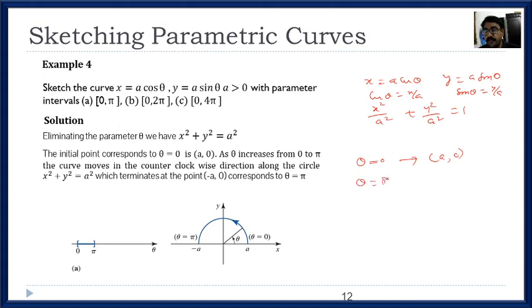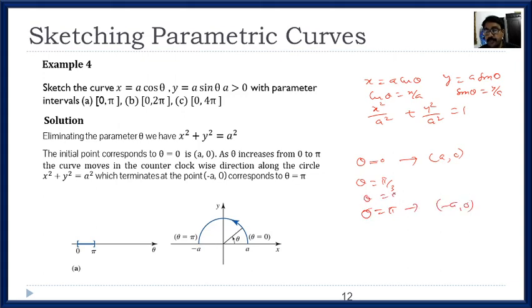Now take various values, pi by 3, pi by 6, and finally you draw the curve. When theta takes the value pi, it is a cos pi, which is minus a. So when theta is equal to pi, you get minus a, 0.